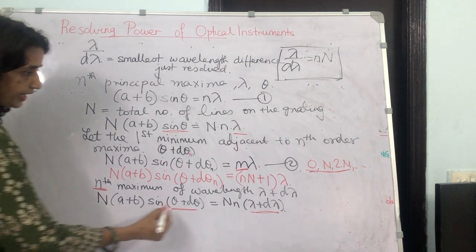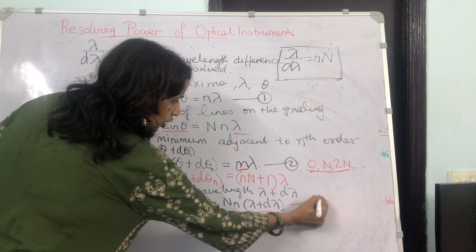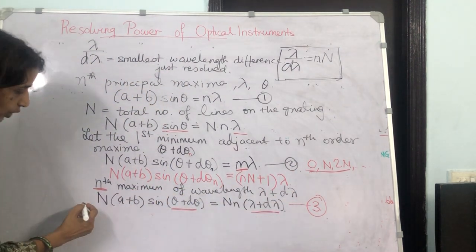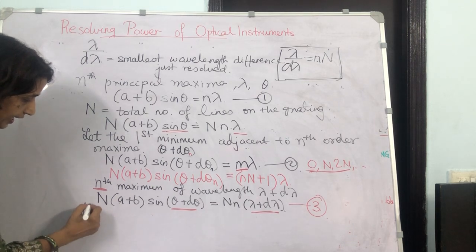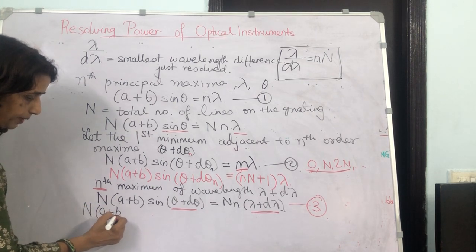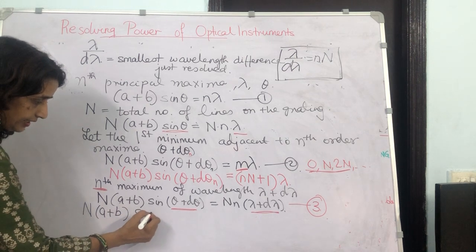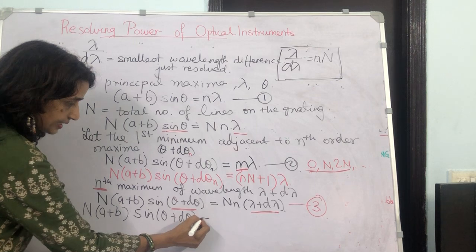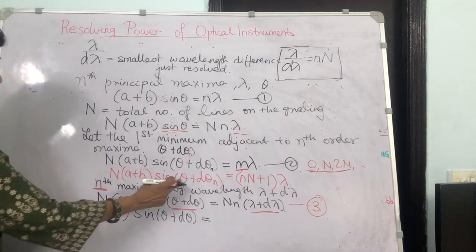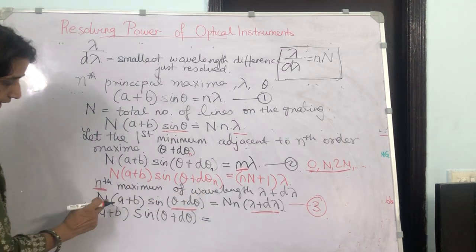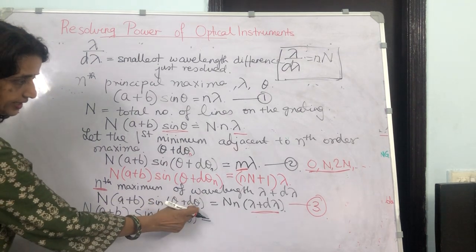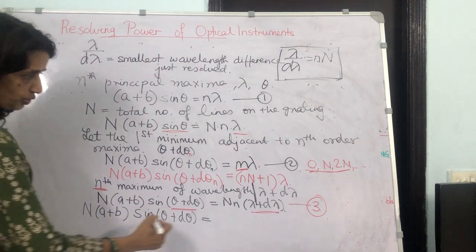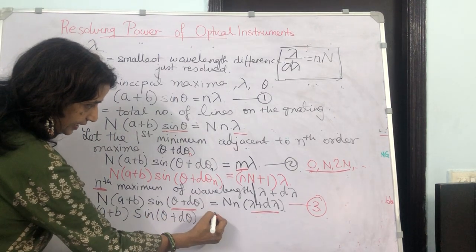Now we have this expression. We will equate this equation with this equation, right? So we are equating N into (a plus b) sine theta plus d theta is equal to N into (a plus b) sine theta plus d theta. This much and this much, so we are just equating these two.